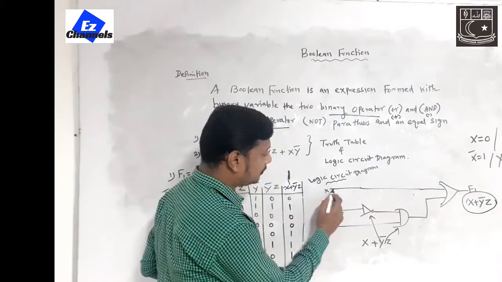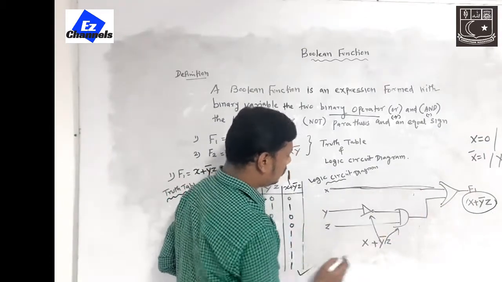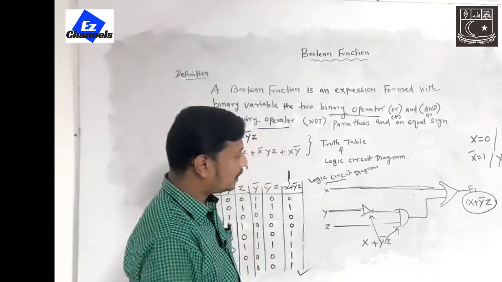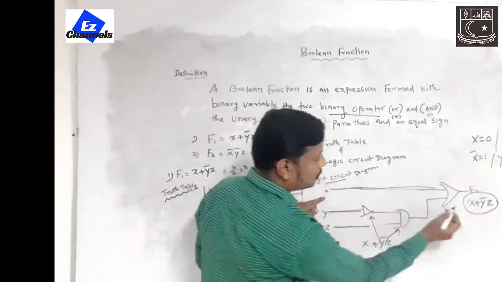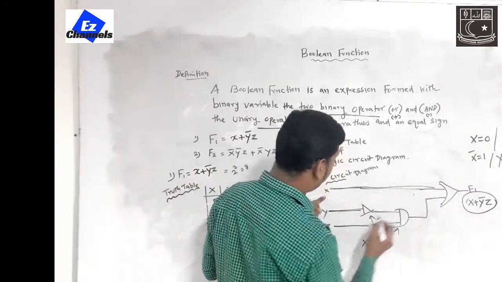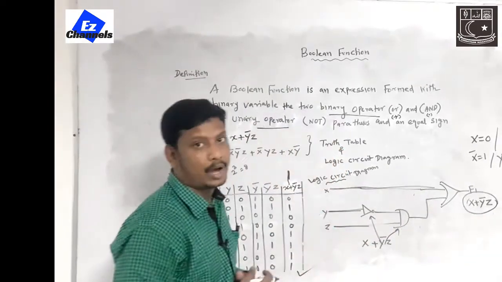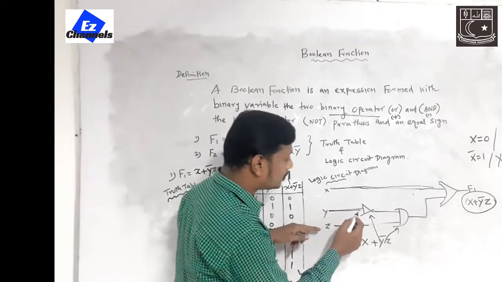First, x, y and z are available. X is used directly in your diagram, but for y we use y bar; y bar is a NOT symbol.